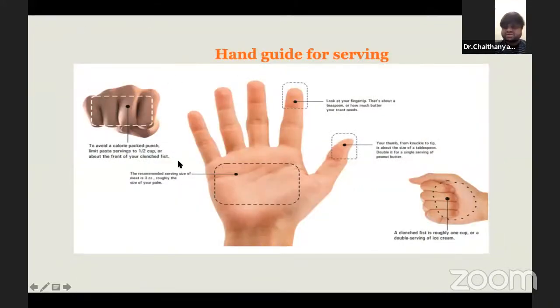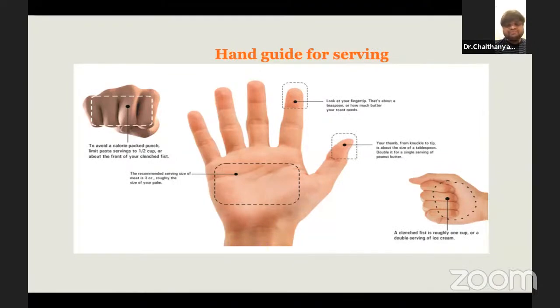So coming to diabetes management with the help of diet, as all of you know, there are 3 important body fuels: carbohydrate, fat, and protein. Approximately 40 to 65% of our daily caloric intake should come from carbohydrate, 20 to 35% from fat, and another 10 to 35% from protein.